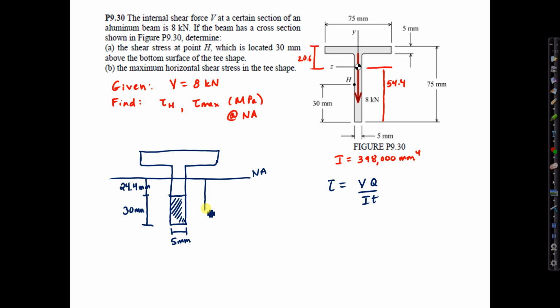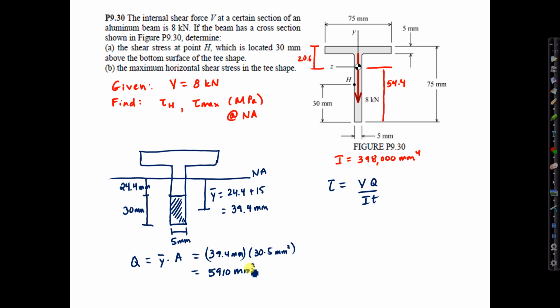And the centroidal distance down from the neutral axis to the centroid of that area, y bar, equals 24.4 plus half of 30, which is a total of 39.4 millimeters. So Q equals y bar times A for the area indicated, 39.4 millimeters times 30 times 5 millimeters squared for the area, and this computes to 5910 millimeters cubed.